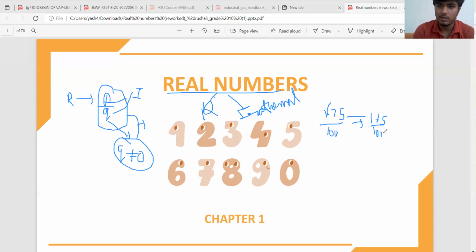Both are integers, and we have the condition that p and q both are integers and q is not equal to 0. Here both conditions are fulfilled. So basically this number is a rational number.